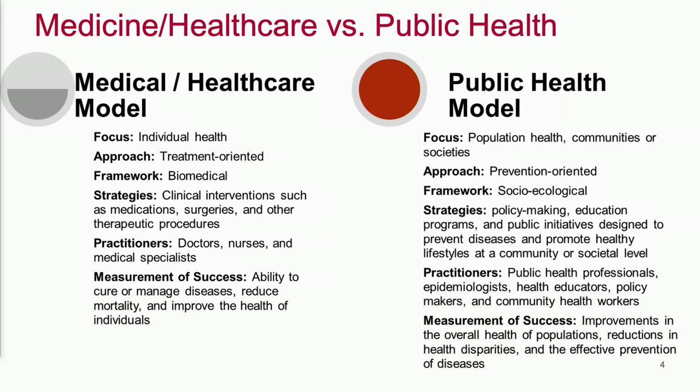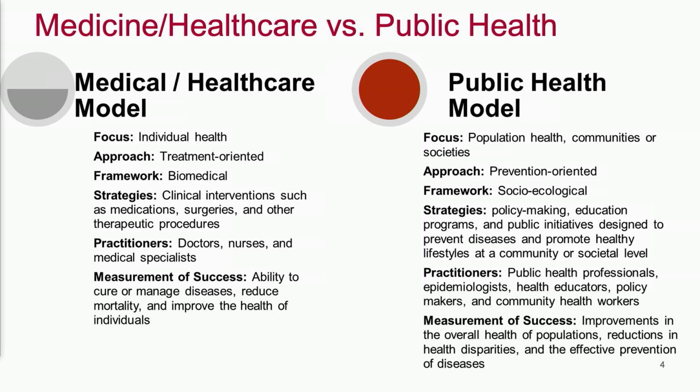Just again, to pose some definitions, the medical model, the healthcare model, is not the public health model. These models are complementary, but the public health model is much larger than the medical model. The medical model is usually individual-centric.